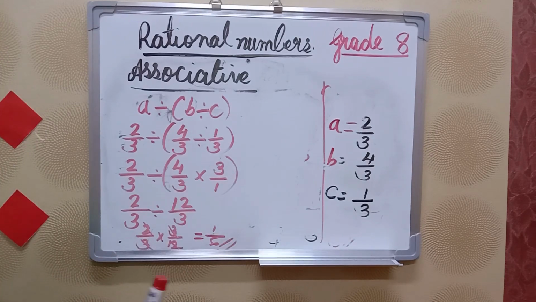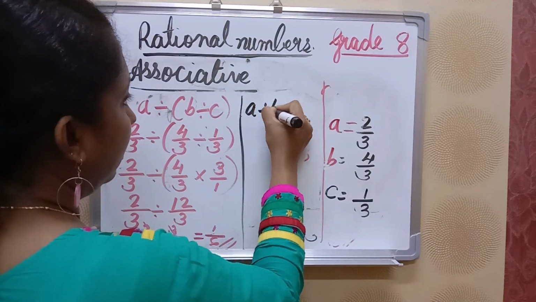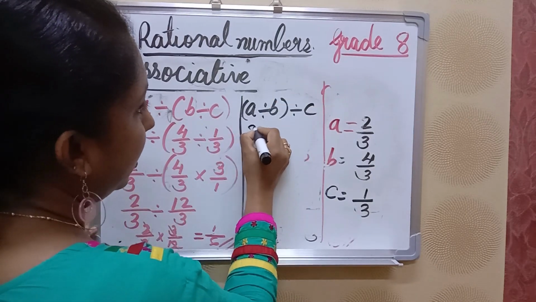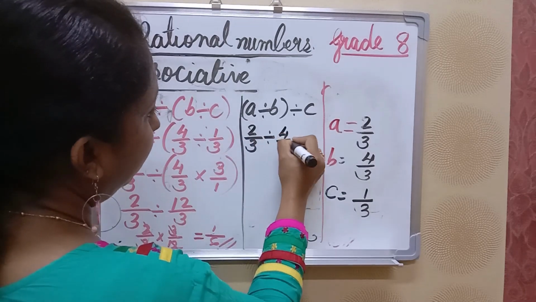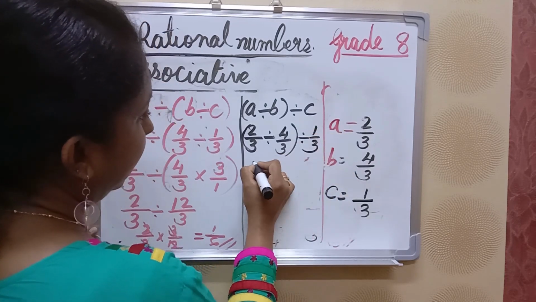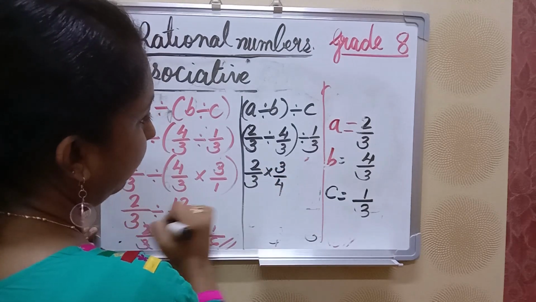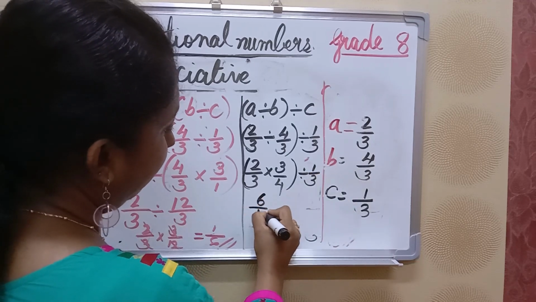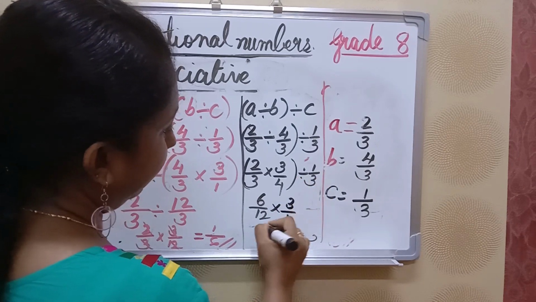Then next one, (a ÷ b) ÷ c. This a divided by b means 2 by 3 divided by 4 by 3. Take the reciprocal and then multiply: 2 by 3 into 3 by 4, that is 6 by 12. Then divided by 1 by 3. You take the reciprocal of the second one, 3 by 1.